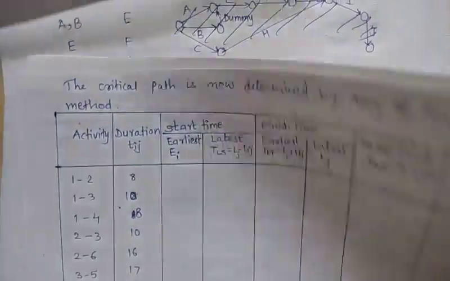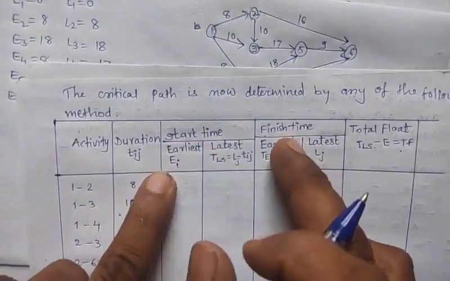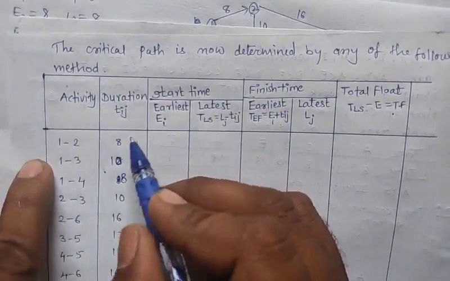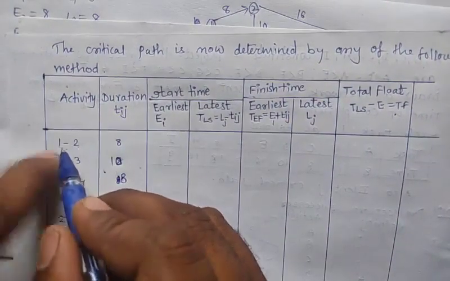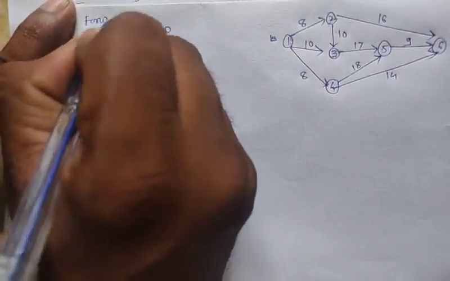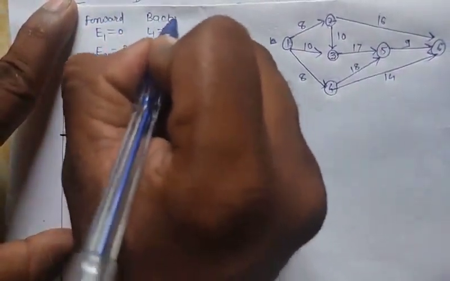Now next calculate the earliest time. This is start time, this is finish time. In that, the earliest EI, so this is I and J, right? So E1, we have calculated. These are values from the forward pass method. This is for forward pass and this is for backward pass.